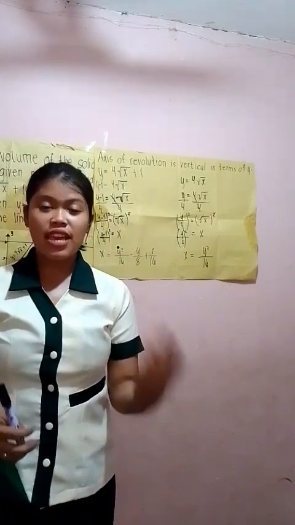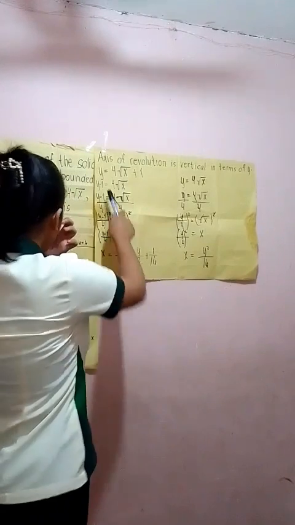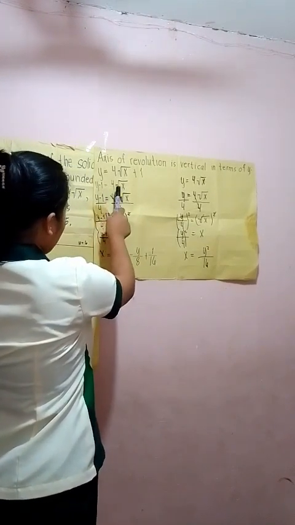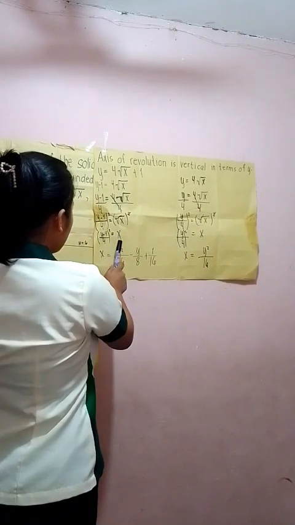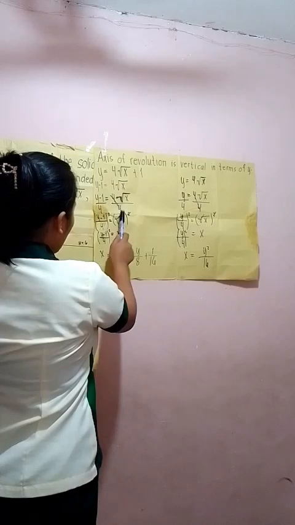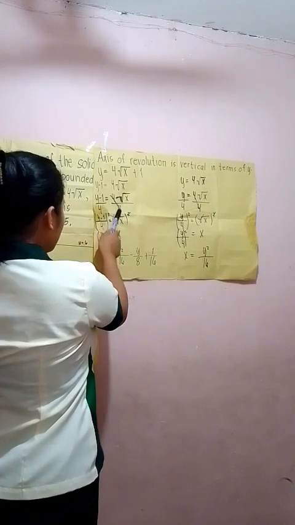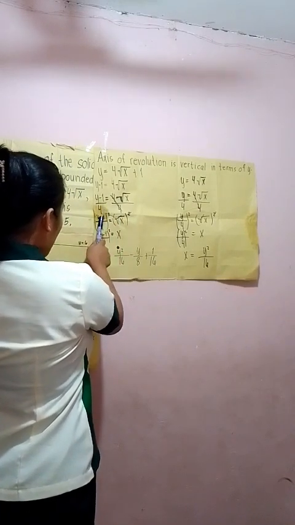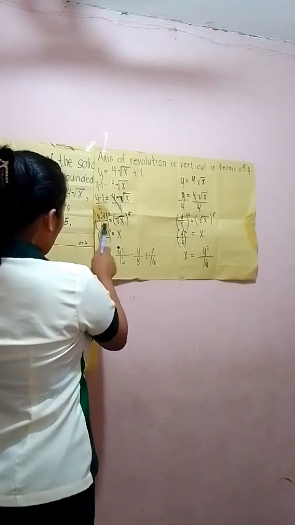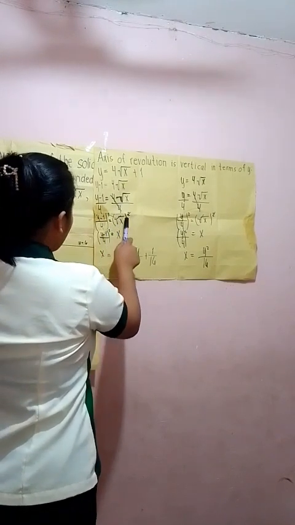We will make it in terms of y. So this will become now y minus 1 is equal to 4 times the square root of x. Dividing by 4, y minus 1 over 4 is equal to the square root of x.